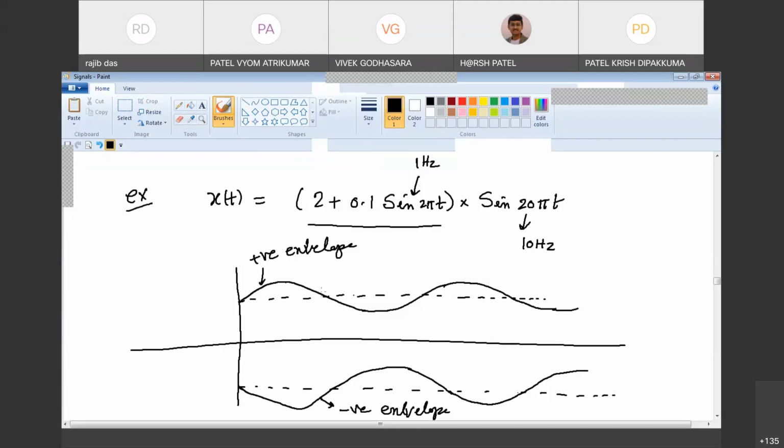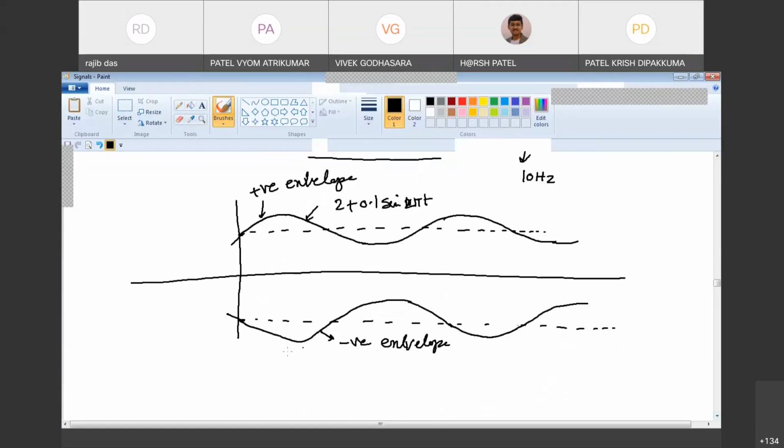That means this equation is 2 plus 0.1 sine 2 pi t, and the negative envelope's equation is minus of 2 plus 0.1 sine of 2 pi t.